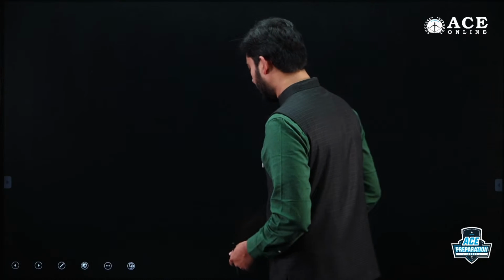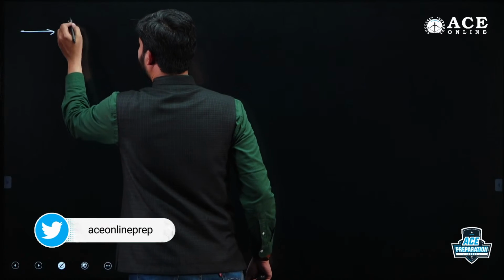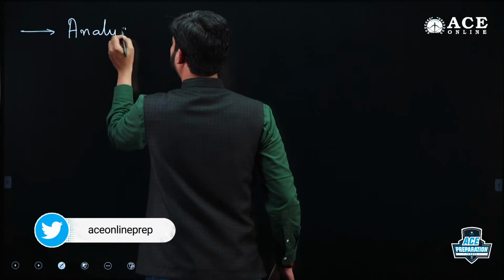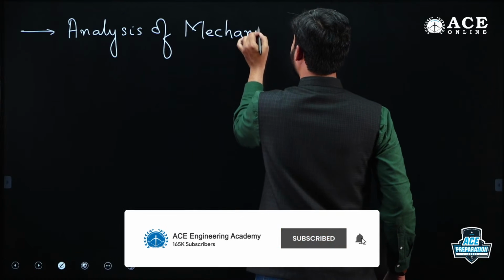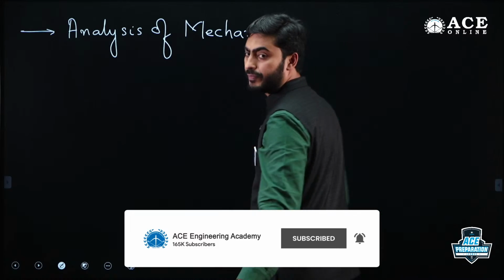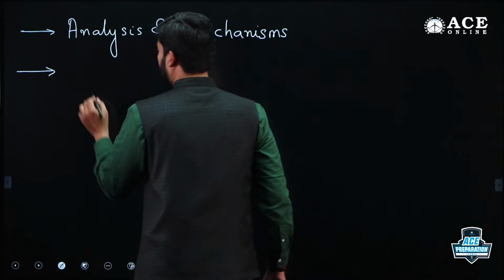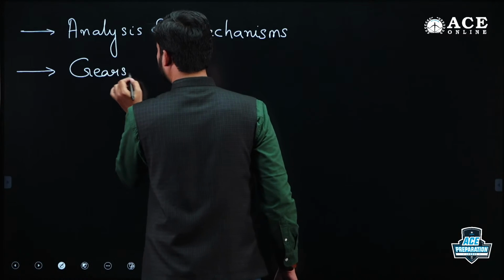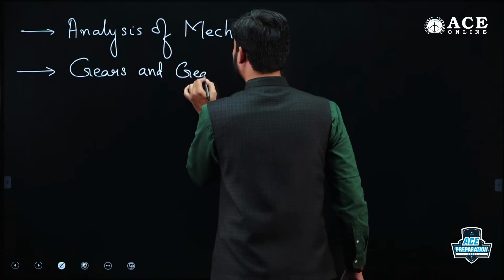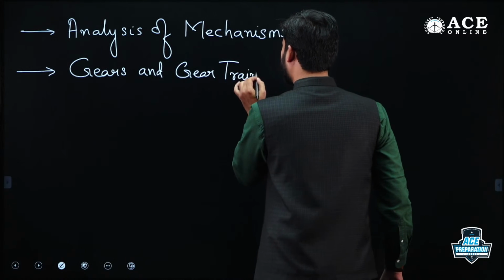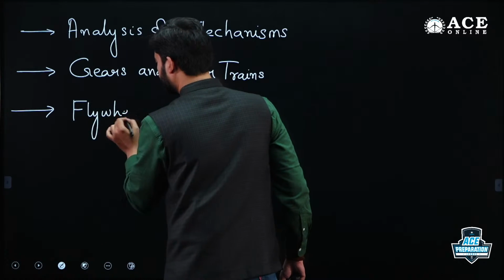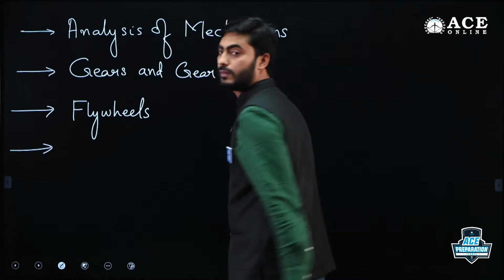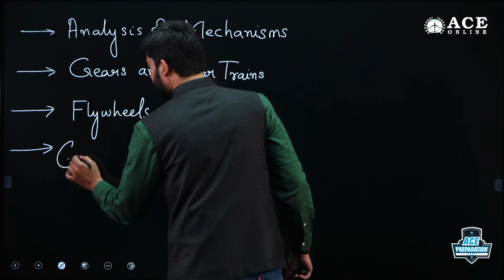In this subject we will be discussing the questions from analysis of mechanisms, next would be gears and gear trains, the third topic would be flywheels, next would be governors.